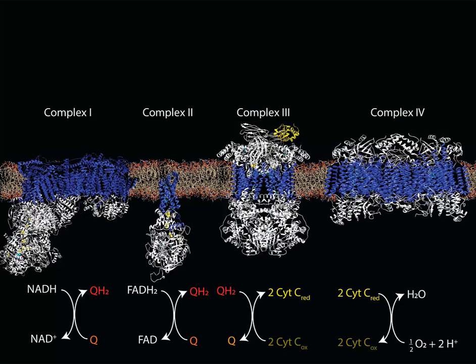And complex 2 does not pump protons, so the electrons flow through complex 2 with no protons being pumped, then through complex 3, 4 protons being pumped, and then through complex 4, 2 protons pumped. So ultimately, we have 6 protons pumped from FADH2, but 10 protons pumped if NADH is what originally interacts with the mitochondrial electron transport chain.